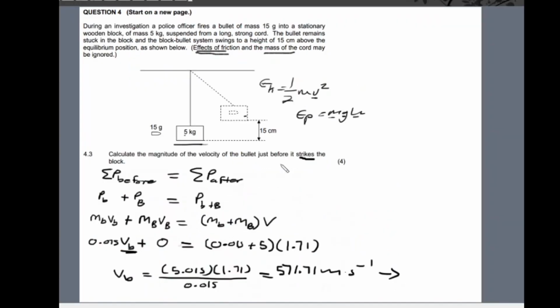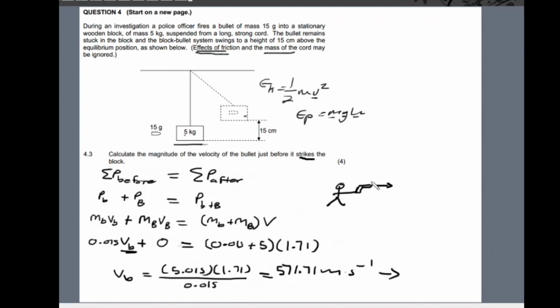So now if we try to draw the situation, okay, so let us say this is the gun, right? And then here we'll have the police officer holding the gun, right? As he pulls the trigger, the gun will exert a force on the bullet, and then the bullet will sort of come out.